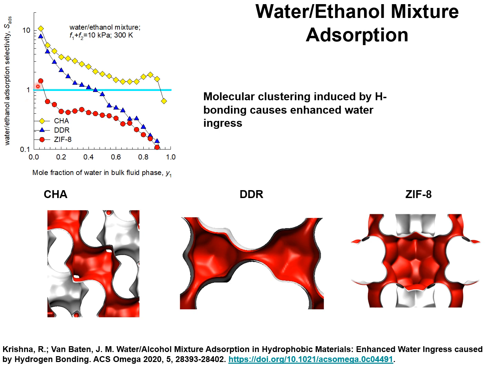The higher water ethanol selectivity at low compositions of water is due to molecular clustering caused by hydrogen bonding that results in enhanced water ingress into the microporous crystalline structures.